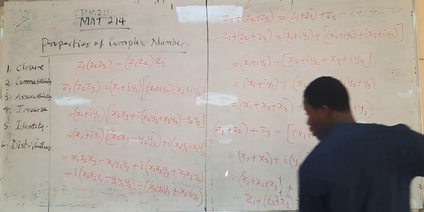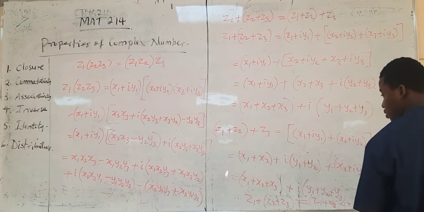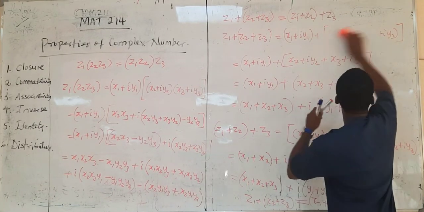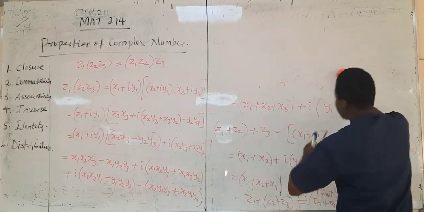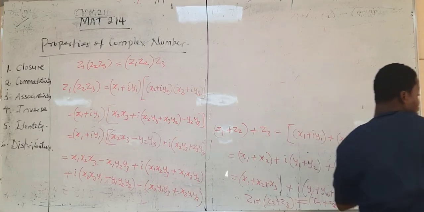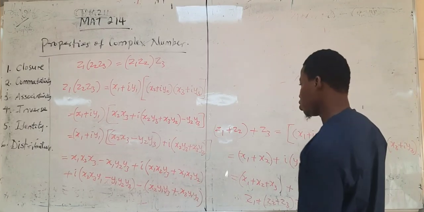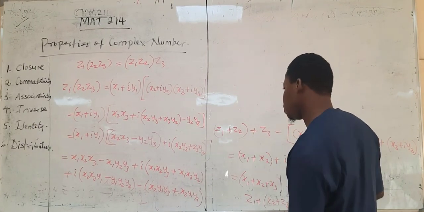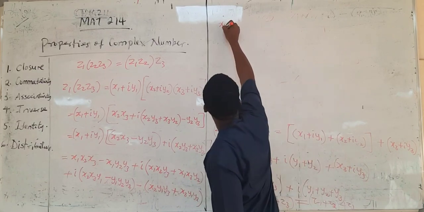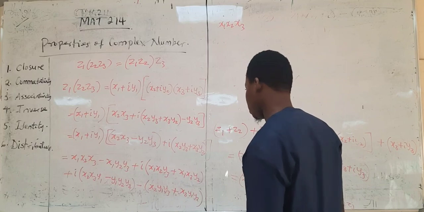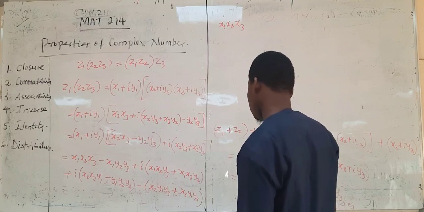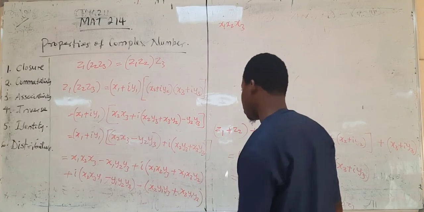You can still expand so that we can do away with the brackets. So the first part is x1, x2, x3. We still have three parts here.